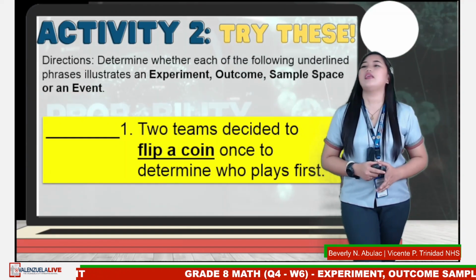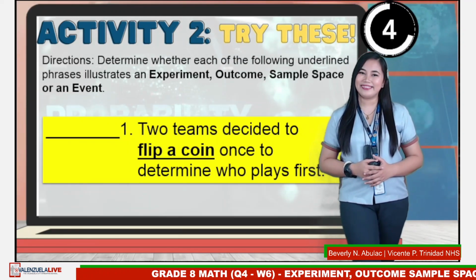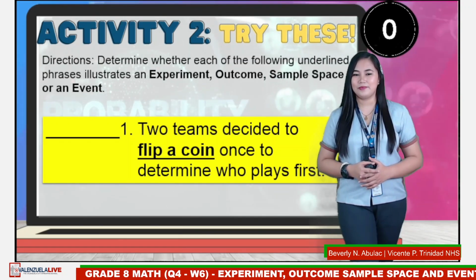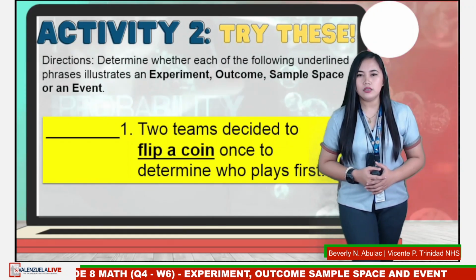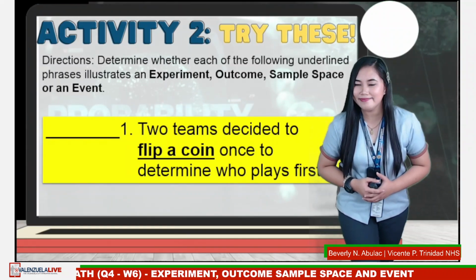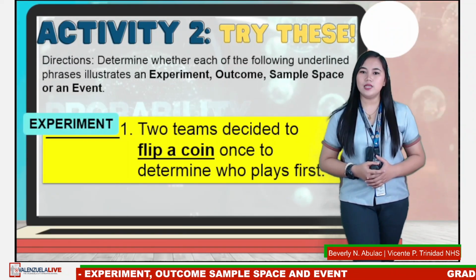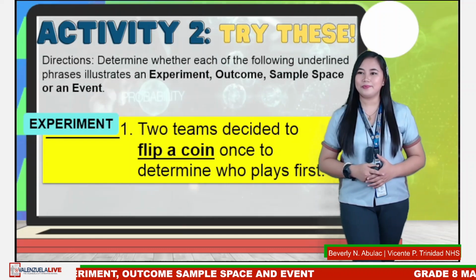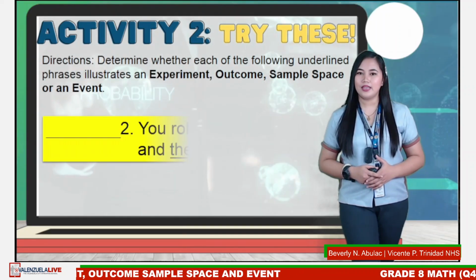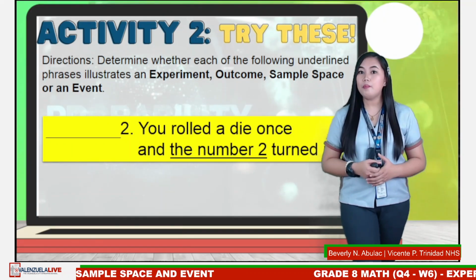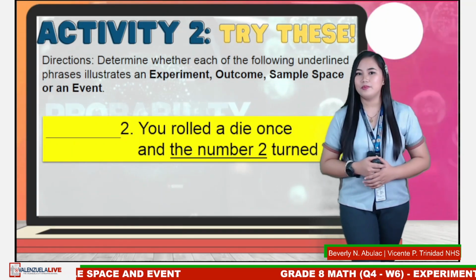Your 5 seconds timer starts now. Time's up. May I see your answers on the comment section? Very good. The answer is experiment. Next, you rolled a die once and the number 2 turns up.